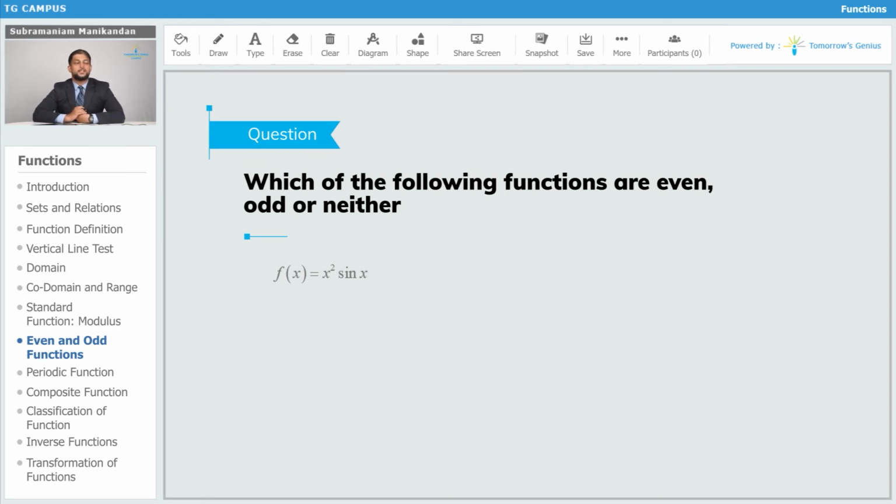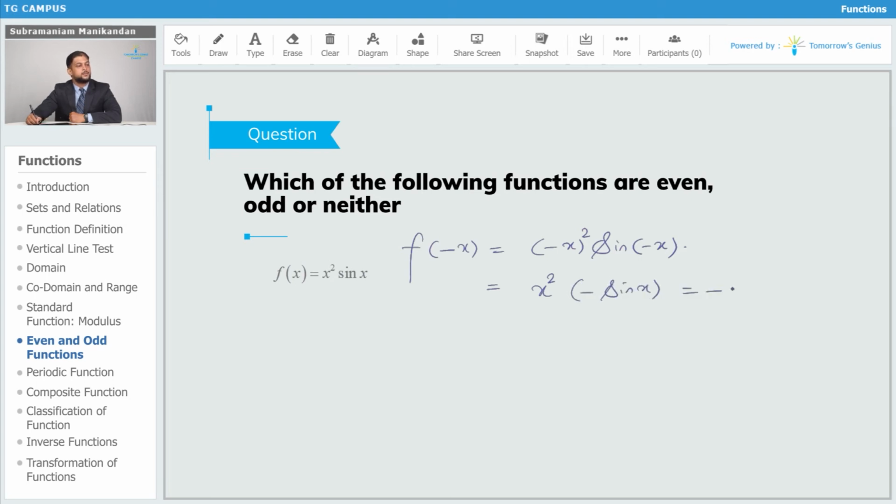Is the following function even, odd, or neither? So let's look at some simple examples on identifying functions which are even or odd. f of x equals x squared sine x. So what is the test? Just replace every x in the function with the negative value of itself. f of minus x equals minus x the whole squared times sine of minus x. And that is equal to x squared into minus sine x.